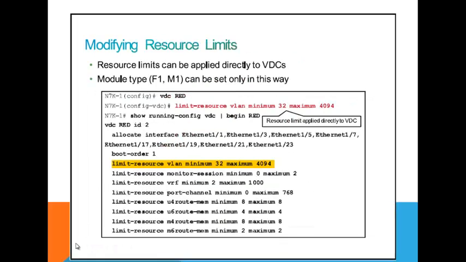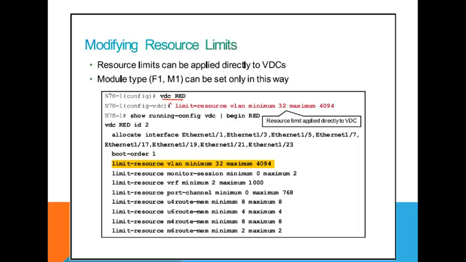So this talks about the template. See, we create a template called vdc red, and we limit the resource. Sorry, this is not the template, this is limiting the resource. We go under the VDC.